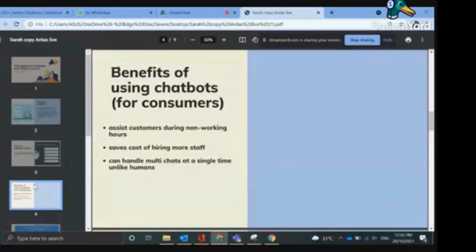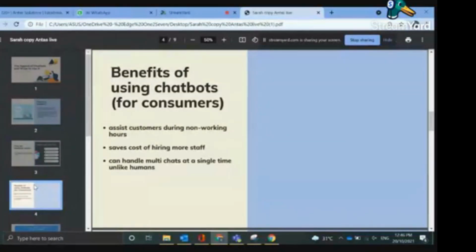So, benefits of using chatbots. Depending on what industry you are in and the type of business that you are running, there are different benefits. For this session, I'm just going to share a bit on the benefits for consumers if you are a B2C company.